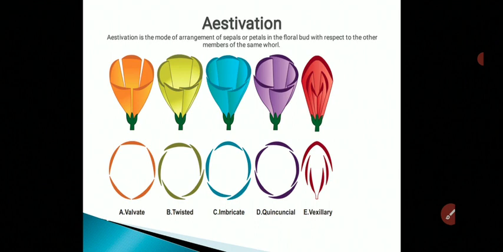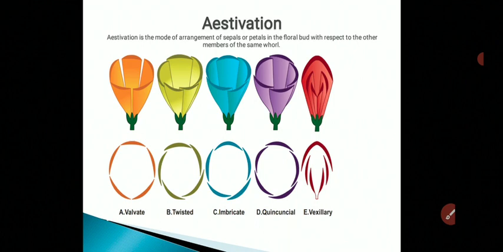There are different types of arrangements, and on that basis aestivation is of different kinds, which are represented here in diagrammatic form. Let's start. The first type is valvate aestivation. When we take a cross section of the floral bud, the arrangement of calyx shows that the margins of sepals or calyx lobes do not overlap each other.